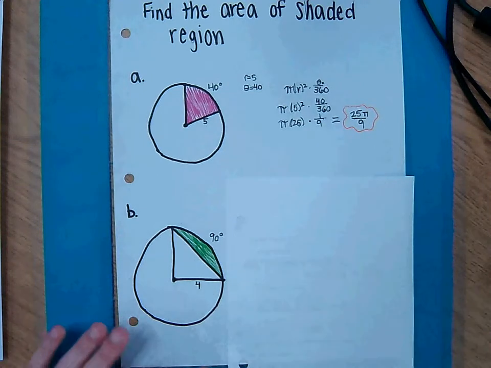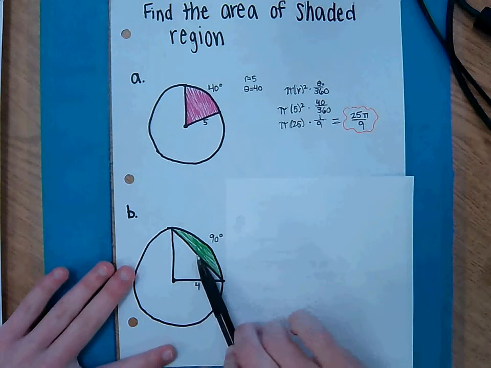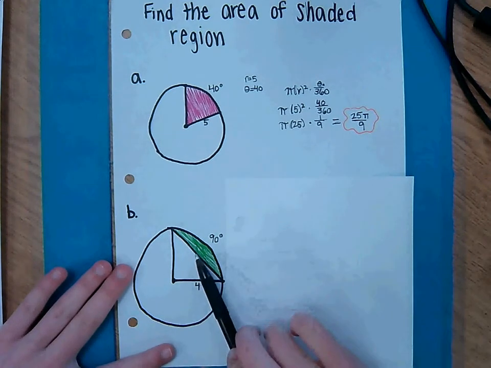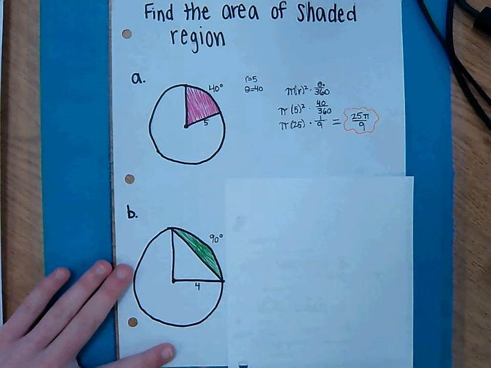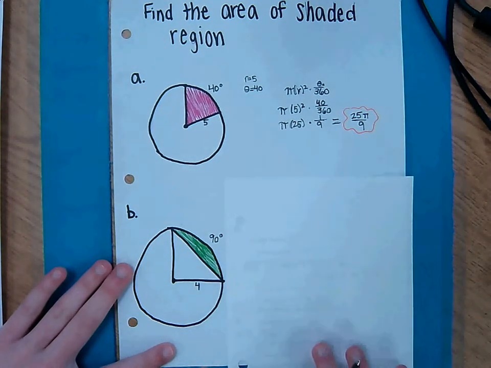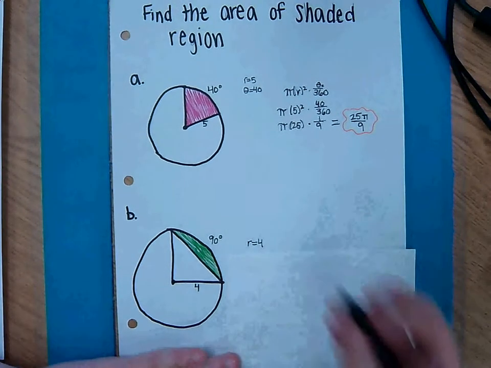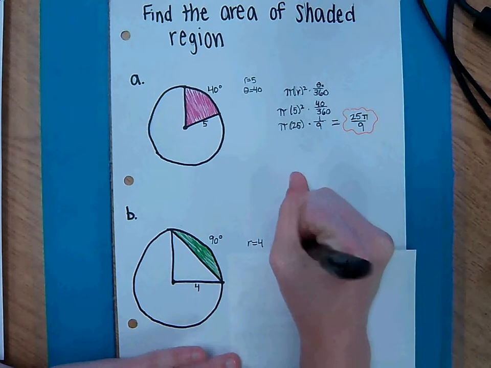So what you have to do is find the total area within the quarter of the circle, and then subtract the triangle out of it to get just this part of the fourth of the circle. So you have the radius is 4, that's what they gave you. Then you have that your theta is 90.